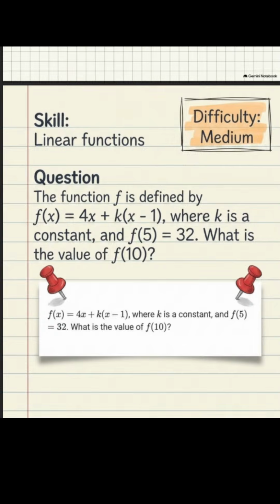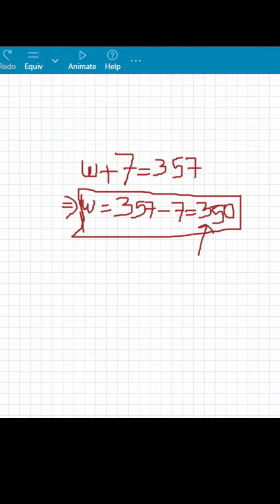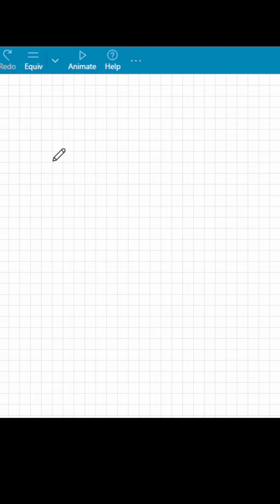Okay, so let us do the solution together. We're given that f of x is equal to 4x plus k multiplied by x minus 1.